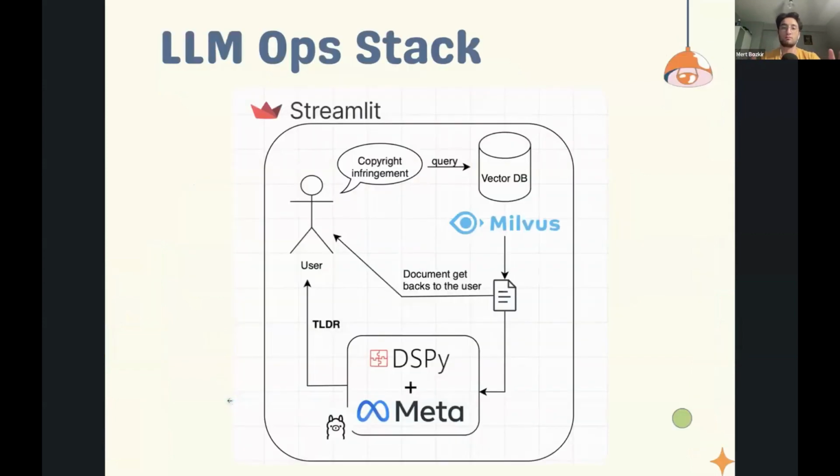So our project stack looks like this. For example, when you search copyright infringement, you are just querying the vector DB Milvus instance, and then you are getting documents. Normally you can show the documents, like 5 of them, 10 of them, 20 of them, but in this application I just used one because it looks clean, and this project is most likely a POC project.